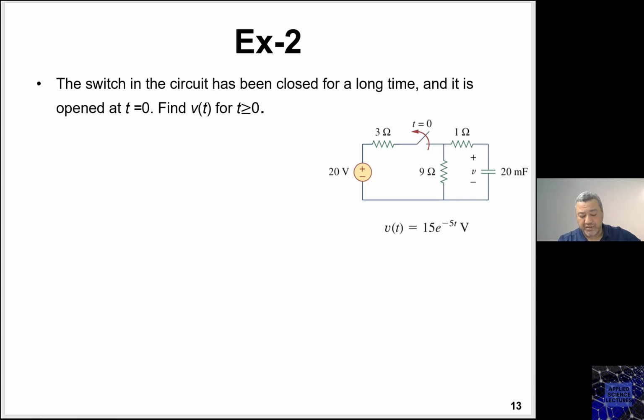Here the switch in the circuit has been closed for a long time, and keep in mind when you have a circuit that has a switch, as we have said before, you have to redraw the circuit. You will be having two different circuits, right? The question is saying the following: the switch has been closed for a long time and it's opened at t equals 0. We need to find V(t), which is the voltage across the capacitor.